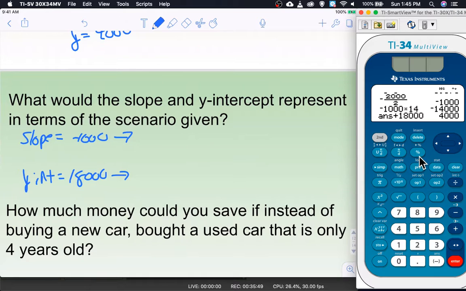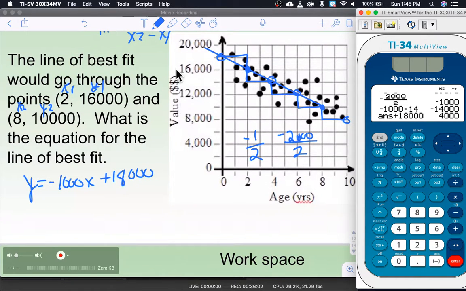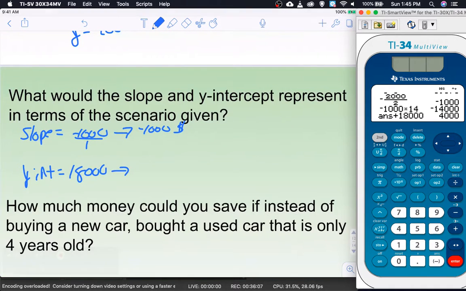Slope. Rise over run. My rise is negative $1,000. My y variable is my value, the dollars. My x variable is the age. So negative $1,000 over 1 year.